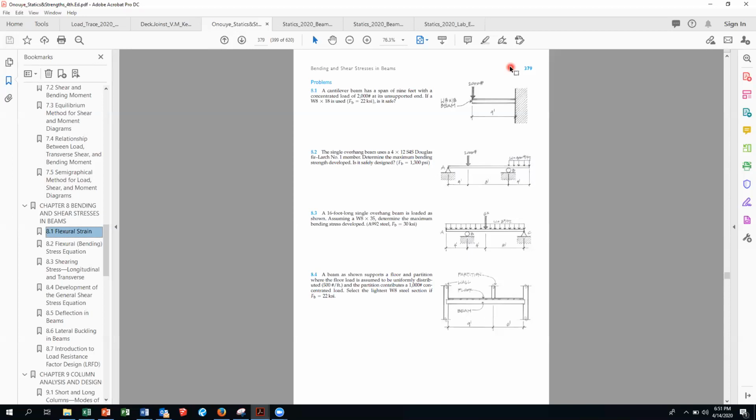Start sketching as I erase, and then we'll start running the calcs. We're going to go through just about all the calcs on this because we have not talked about this type of beam much at all.